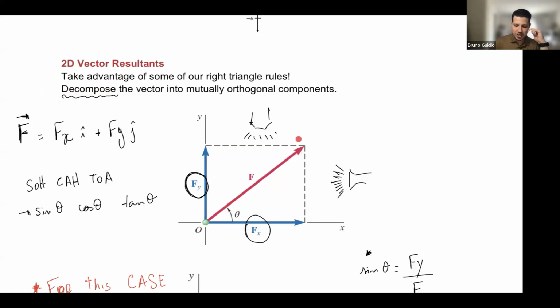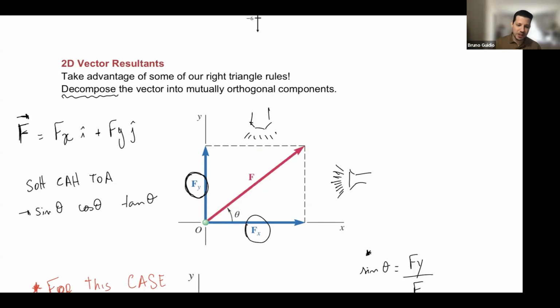We can change this vector to two components, one in i hat, one in j hat, meaning one in the x-axis and one in the y-axis. And how can we find it? Well, we need to use the magnitude of this resultant vector and also the direction of this vector, meaning the magnitude and the angle of this vector.